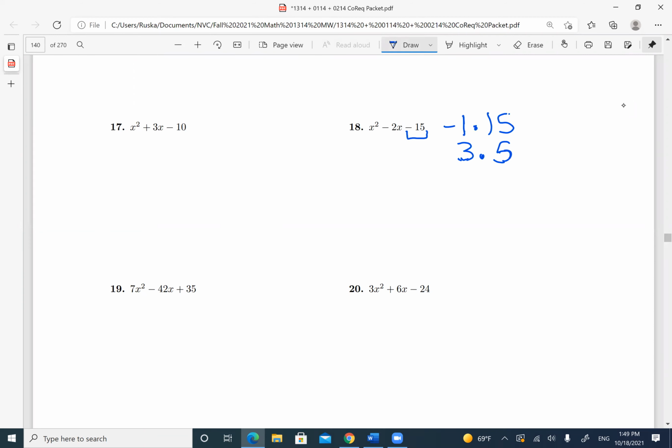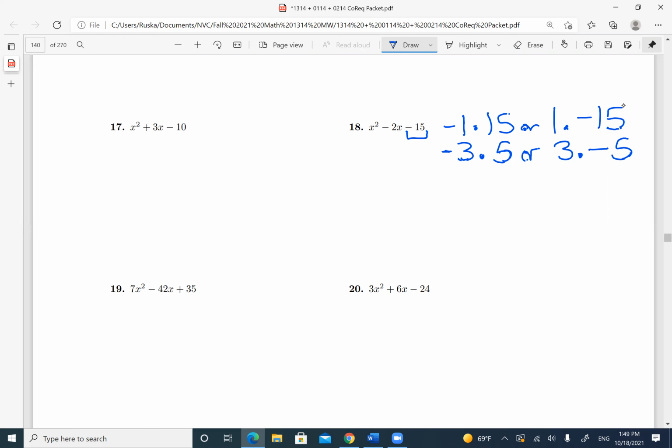So that means I can have -1 and 15, or I can have 1 and -15. I can have -3 times 5, or I can have 3 times -5. So these are all the combinations, right?